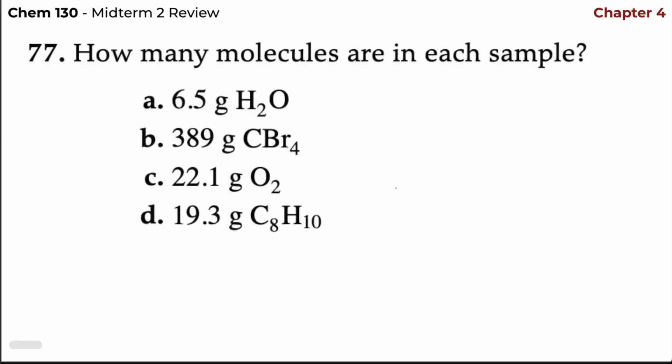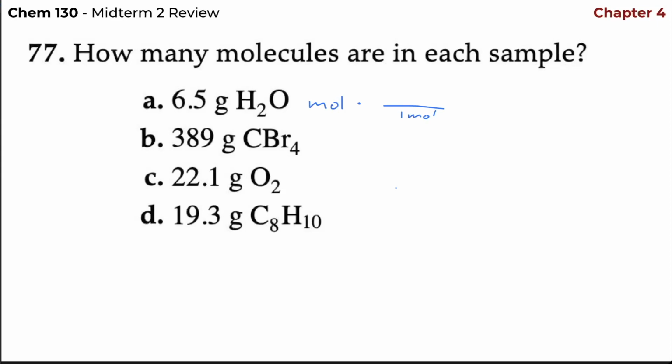All right, so for this one, I don't really want to cover it too much because the last question was basically the same thing. All you're doing is taking the number of moles and then multiplying it by Avogadro's number. I think that's his name.